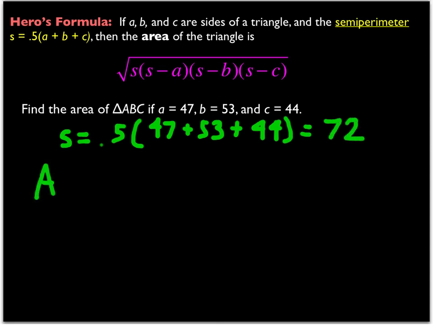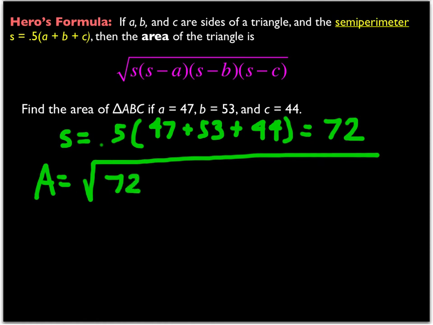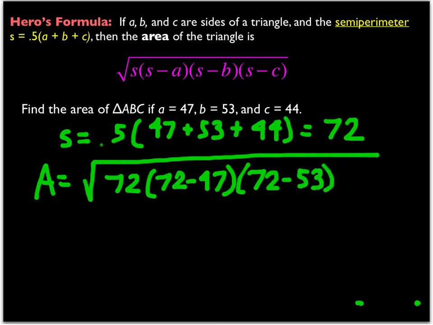So then the area of this triangle will be the square root of 72 times 72 minus 47 times 72 minus 53 times 72 minus 44, like that.